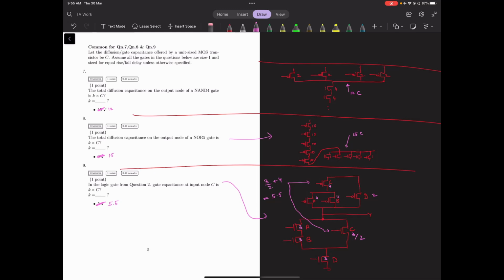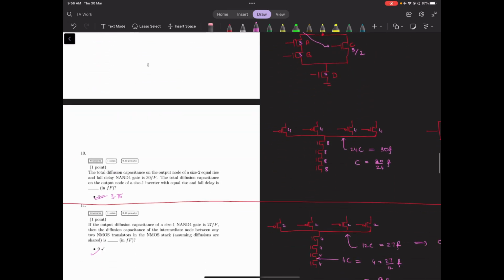So the answers will come out to be 12, 15, and 5.5 for questions 7, 8, and 9. Only thing is the gate capacitance at the input node C is what is being asked for question 9, right? And that will come out to be 1.5 plus 4, which is 5.5.